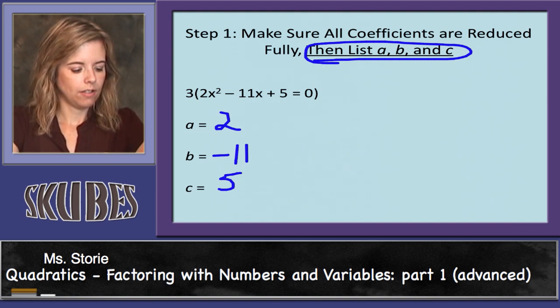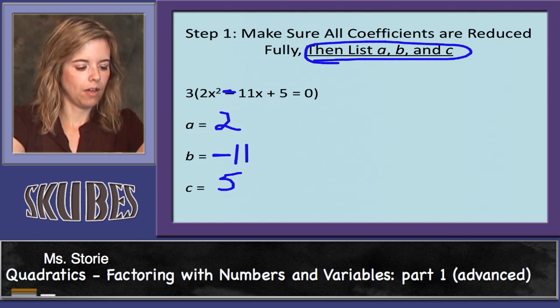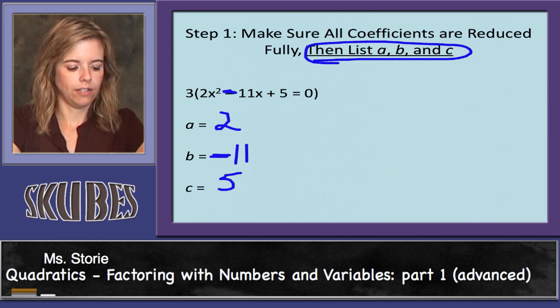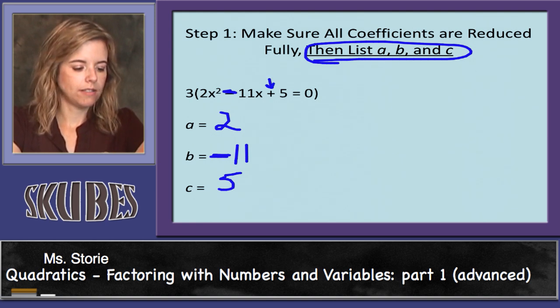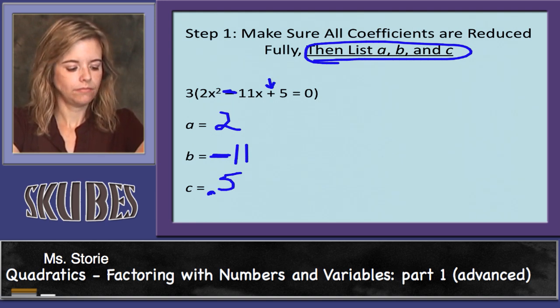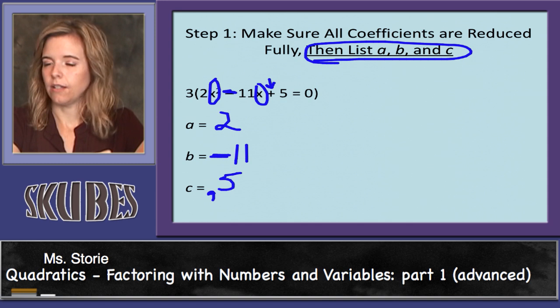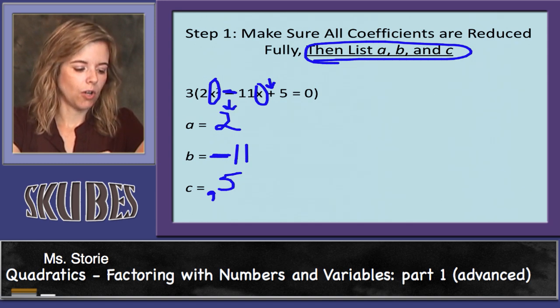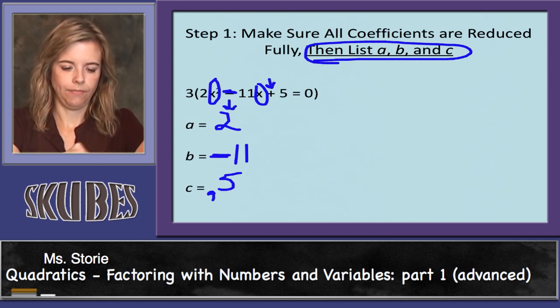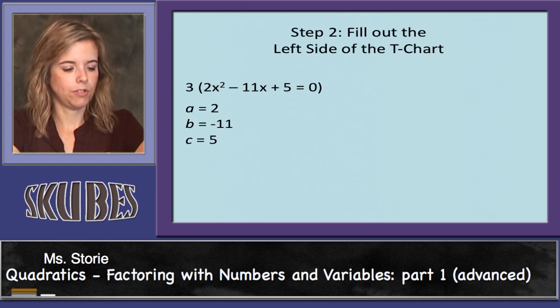The 2 was positive, the 11 was negative, both up here and here in the list as well. And since the 5 was positive, it's a positive here. Also, only take the numbers. Do not take the variables with them. That's wrong. Only the numbers go as the list of A, B, and C. Then we can move on to step 2.